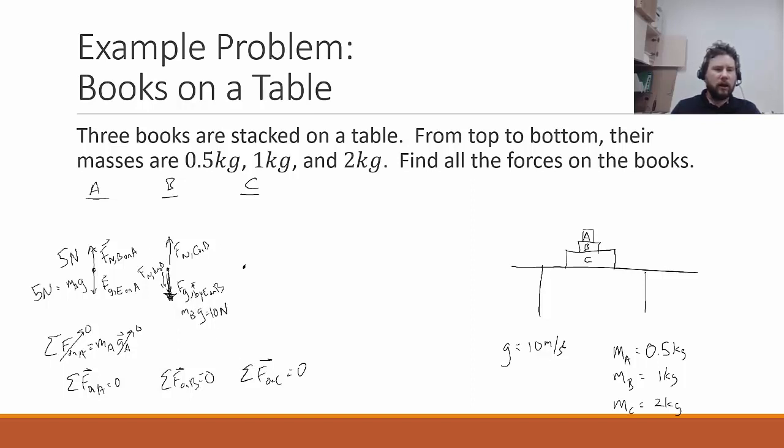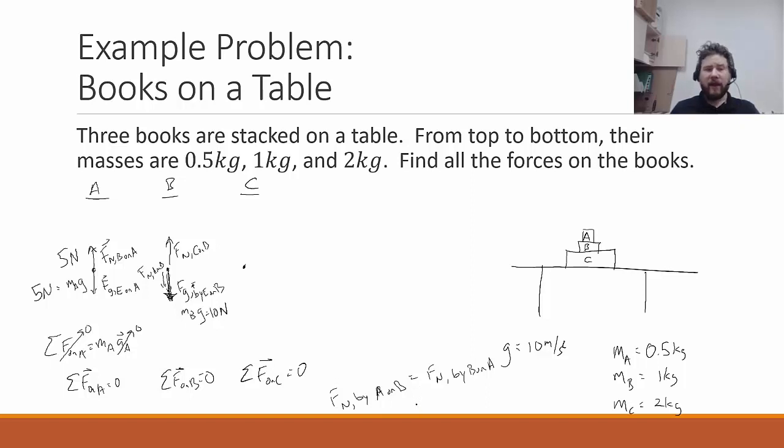The size of A on B is equal and opposite to B on A, because remember, by the third law, the normal force by A on B is equal in magnitude to the normal force by B on A. Now, it's an equality because I have no vectors, and that means I'm just asking about the magnitude.